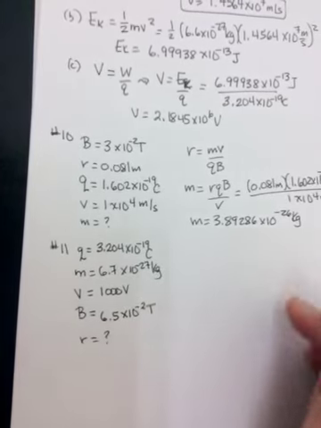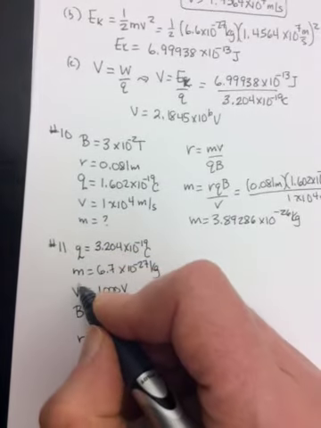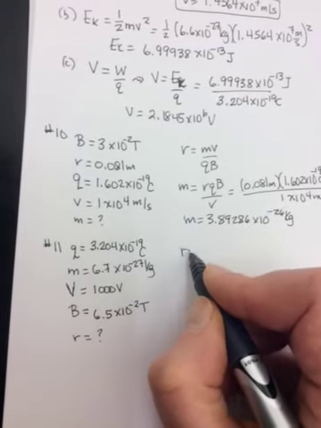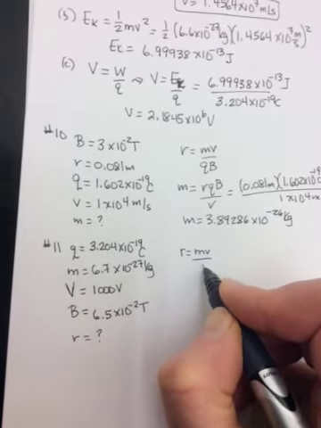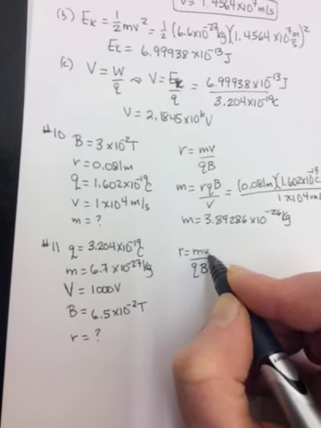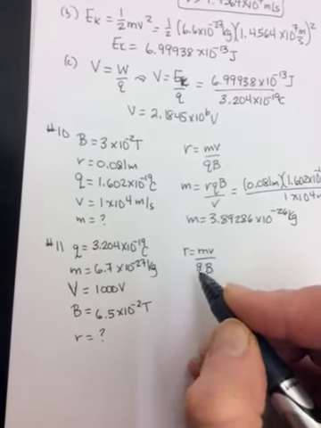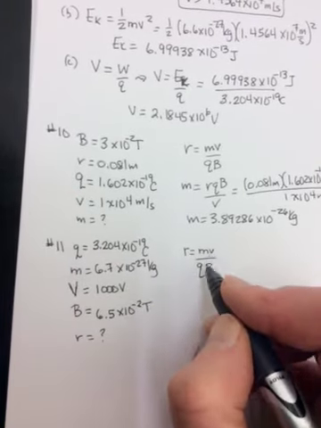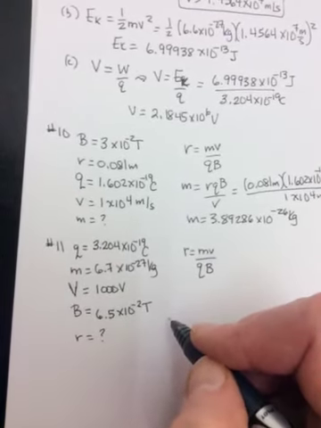R is equal to. So this V is a capital, it's voltage. Our r equation is r equals mv over qb. This v is a small v, it's speed. Even if you make this V on voltage tiny, you still can't sub it in there, the units will not work.